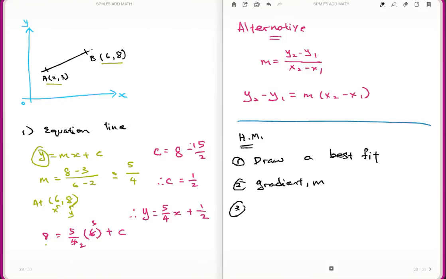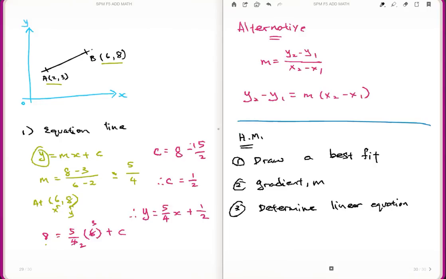Third would be to determine the linear equation of your best fit line.